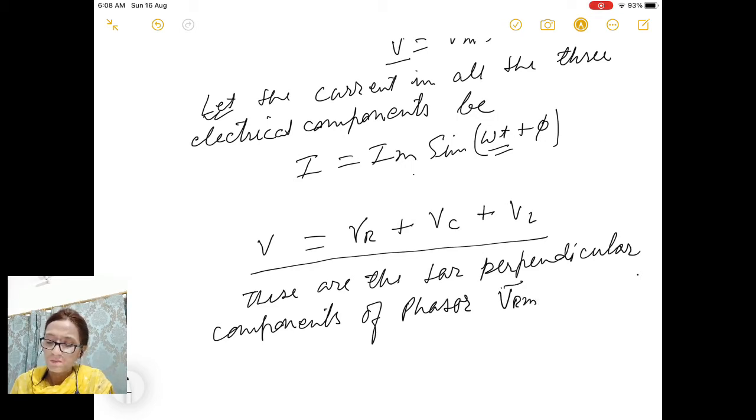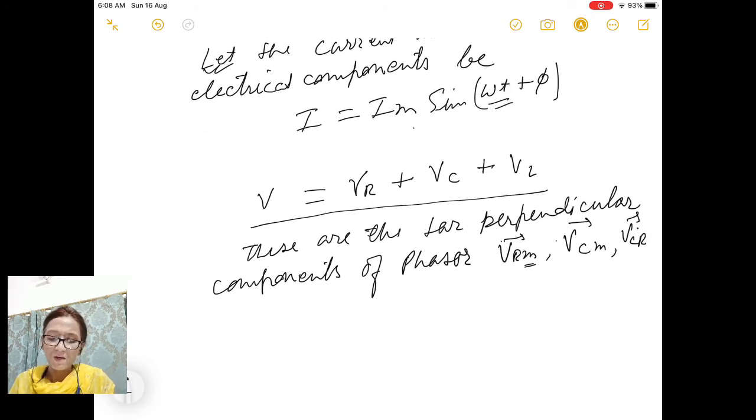The phasor is given by a voltage amplitude, VCM, an amplitude of that, therefore I have written M. M stands for maximum value of voltage, and maximum value means amplitude, and VC across R resistor.